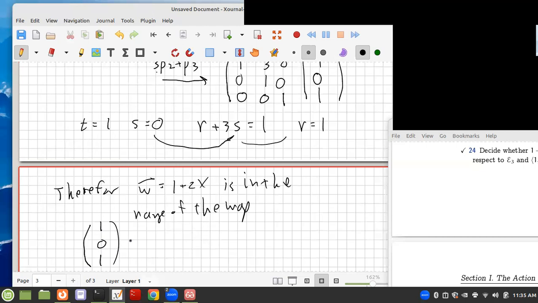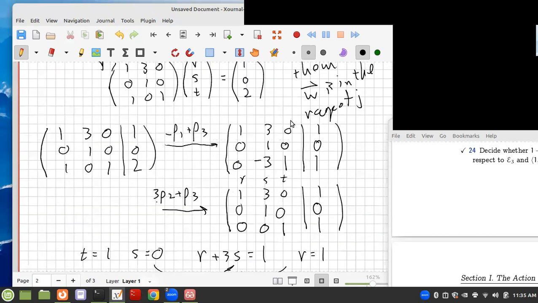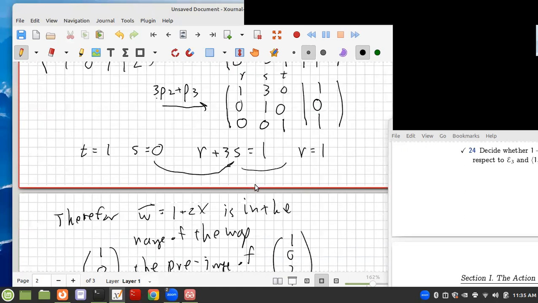So this is the pre-image of 1, 0, 2, right?